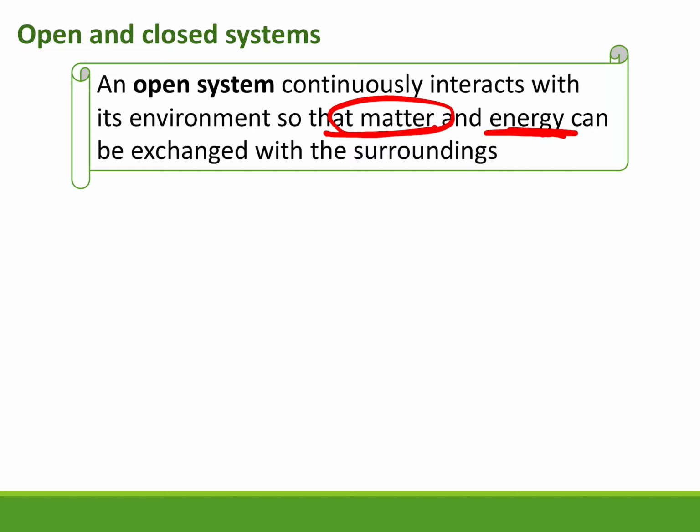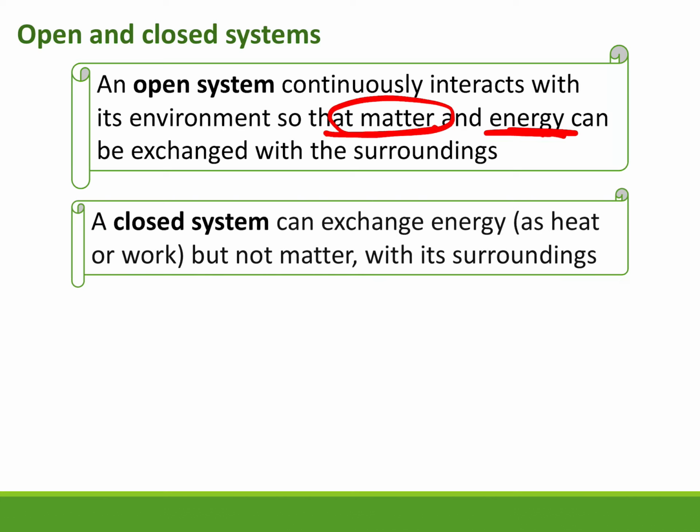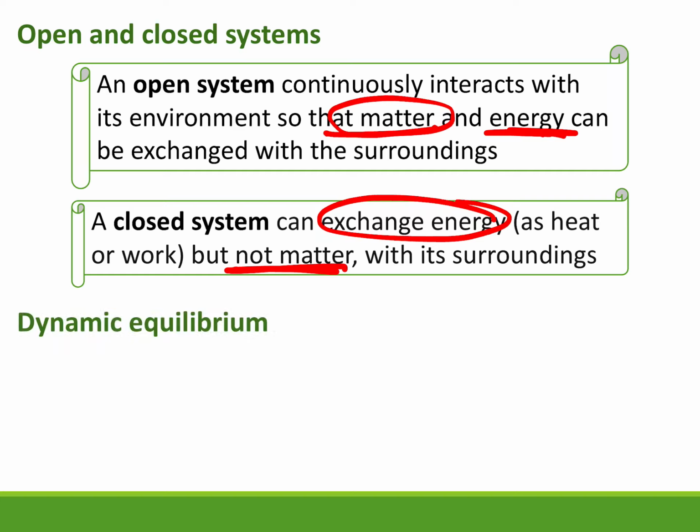I'm not really worried about the change in the energy of the system. What we're worried about is the matter, the fact that sometimes things can be lost to the environment. In closed systems, we can have an exchange of heat, so they can get hot or cold, but not matter. So the matter in the system remains constant. Okay, so we have it all kept together. All right, so you need to be careful with that.